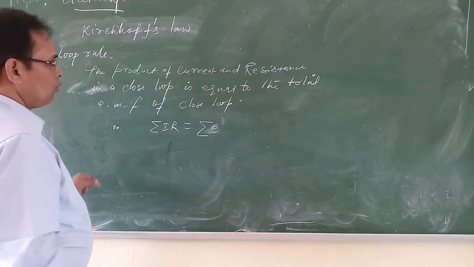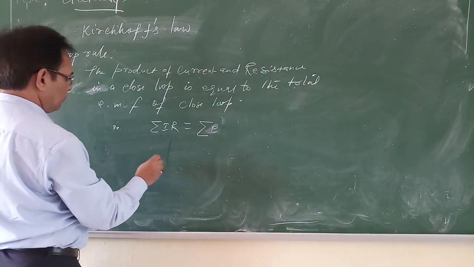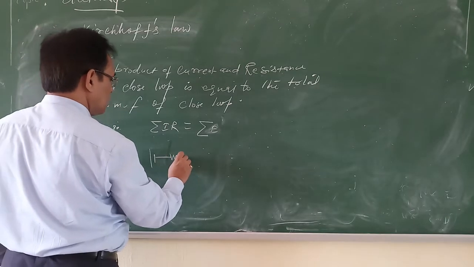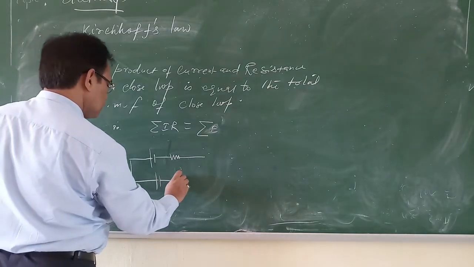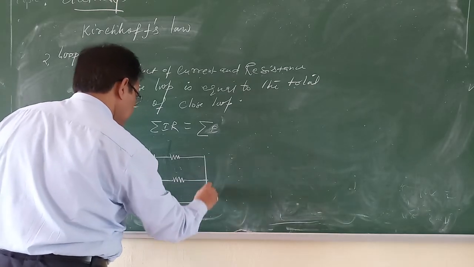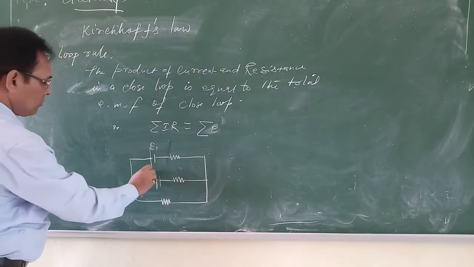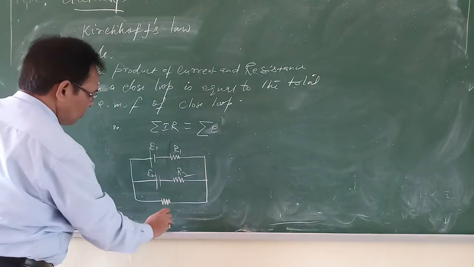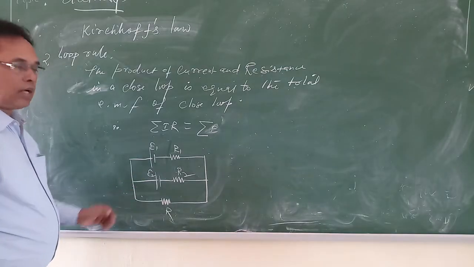To understand the loop rule, let us consider a closed circuit. This is a closed circuit. Let the EMF of this cell be E1, the EMF of this cell be E2, and the resistances R1, R2 and R. First you mark the direction of current.